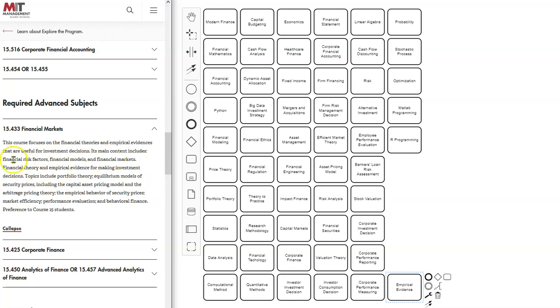Alright, so here's a bunch of words here. So financial risk factors, financial models, financial markets. Alright, so financial market. I thought we had that. It's pretty much kind of a general statement, but I'll go ahead and write it down. Financial market.